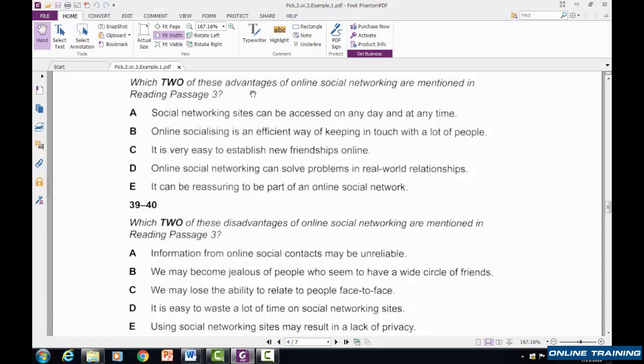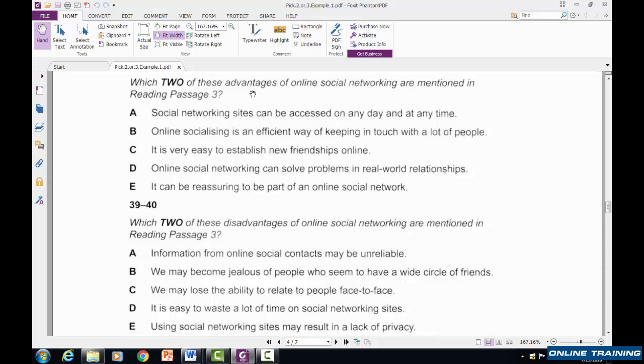While you are doing the headings question and the fill the blank question, you will look out for any advantages you see about online social networking and circle them in your reading passage even as you're doing the other question. And also look out for any language that talks about a disadvantage.